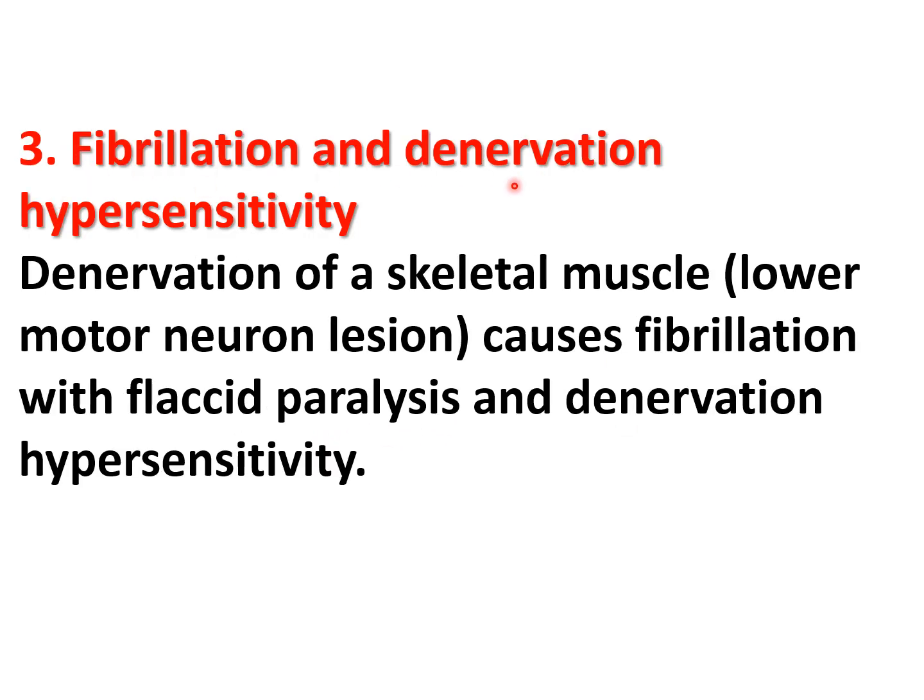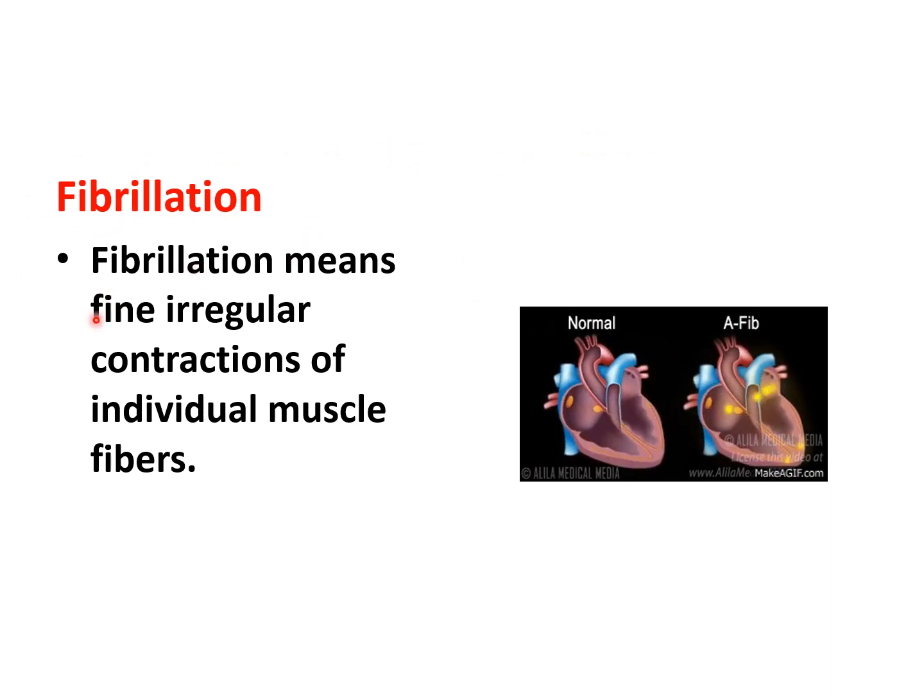Then fibrillation and denervation hypersensitivity. Denervation of the skeletal muscle causes fibrillation with flaccid paralysis and denervation hypersensitivity. Fibrillation means fine irregular contraction of the individual muscle fiber. Here you can see the fibrillation of the atrial muscles of the heart.